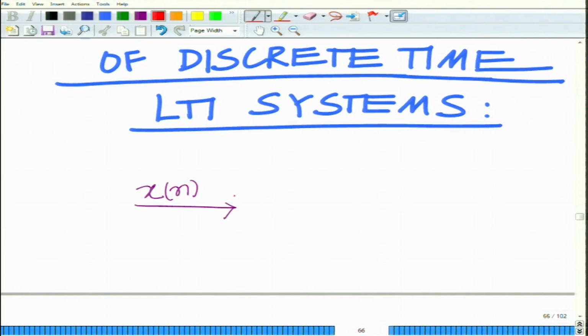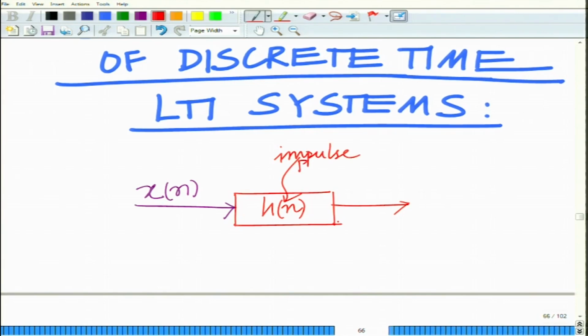So, we have x[n], which is given as input to a discrete time LTI system with impulse response h[n], and the output is y[n].